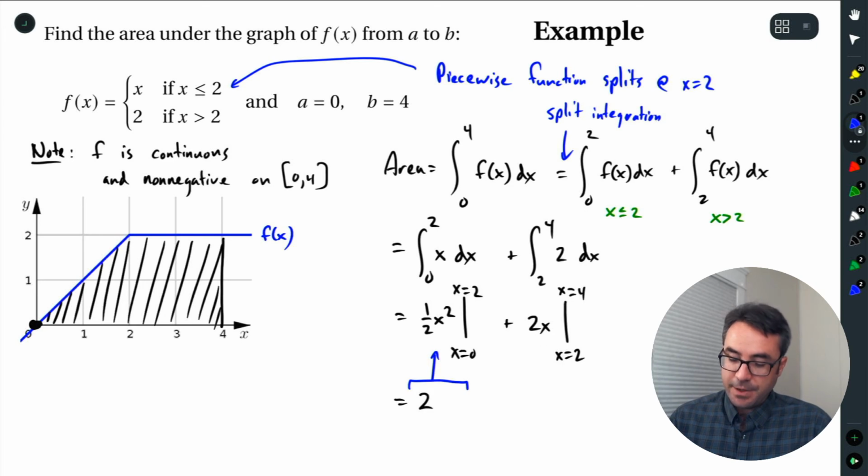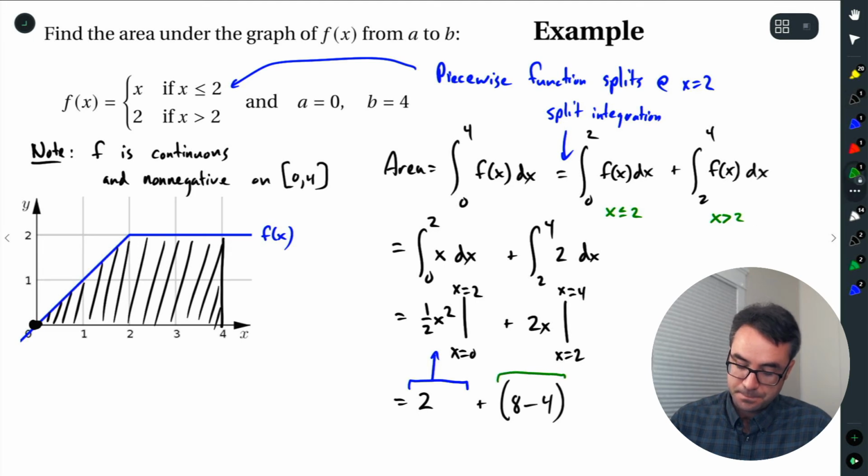Then we want to evaluate this. So the next portion, take the top number, plug it in, we get 8. Take the bottom number, plug it in, we get 4, and we subtract. So doing this evaluation gives us 8 minus 4.